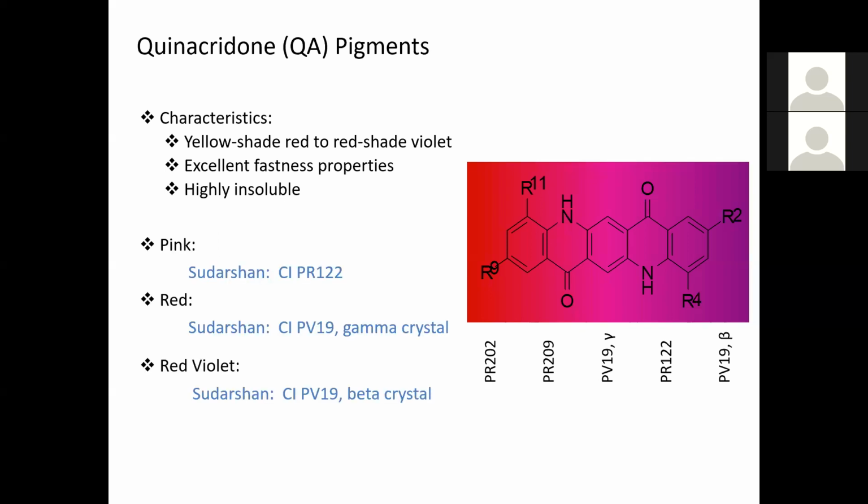For Sudarshan, we offer products in the pigment red 122 and the violet 19 space. Both crystal structures are available from Sudarshan.